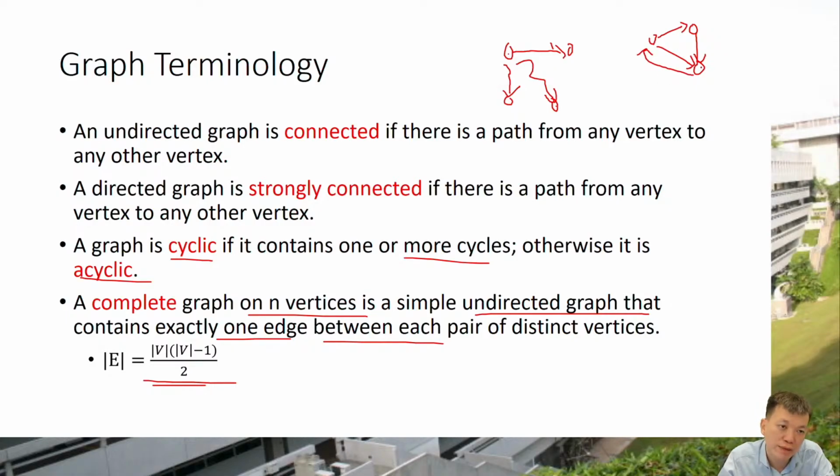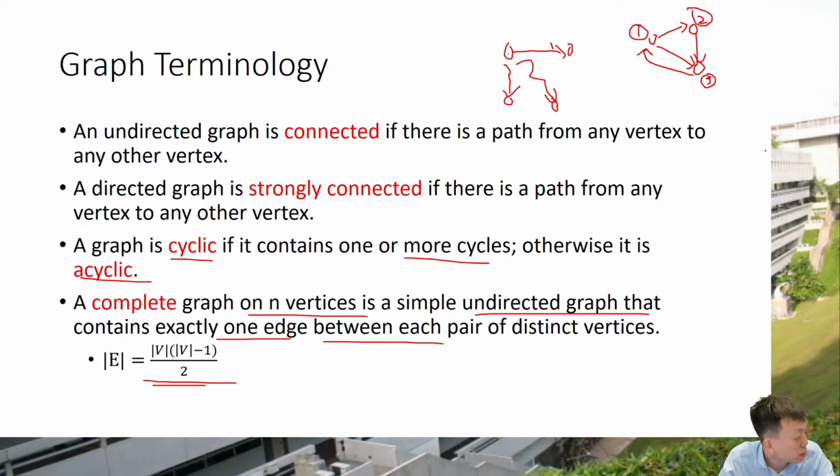I don't have to. These nodes, node 1 can go to node 2, no problem. Node 1 goes to node 3, no problem. Node 2 wants to go to 3, no problem. 2 wants to go to 1, also no problem, from 2 to 3, 3 to 1. 3 wants to go to 1, no problem. 3 wants to go to 2, no problem. So number of edges: 1, 2, 3, 4. Only 4.